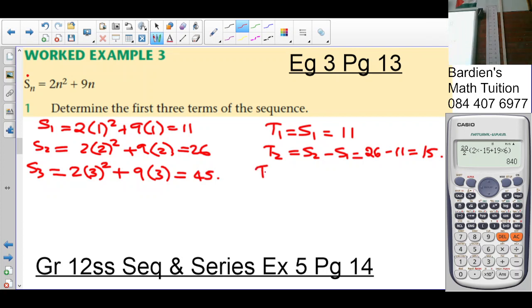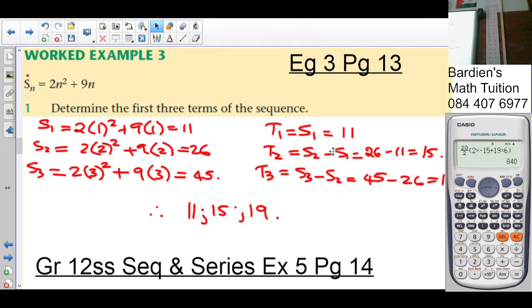So what would T3 be? S3 minus S2. So what is S3? 45 minus 26. What's 45 minus 26? 19. So therefore my first three terms are 11, 15 and 19.